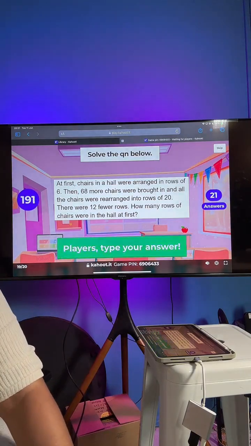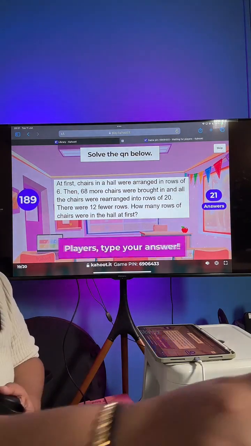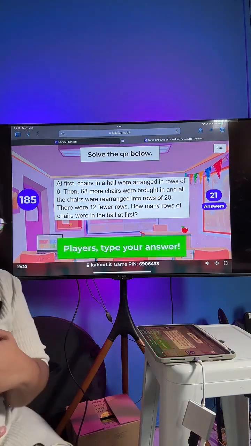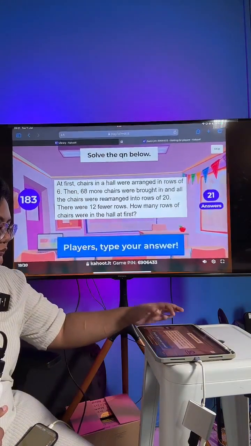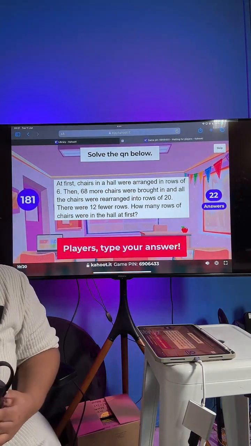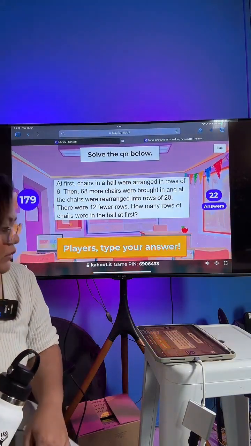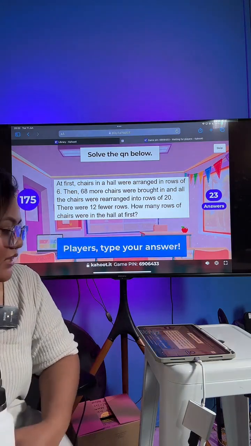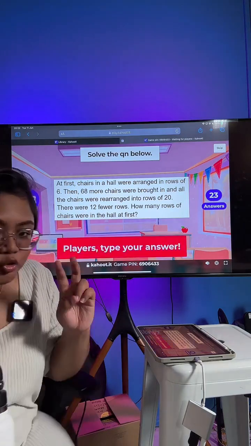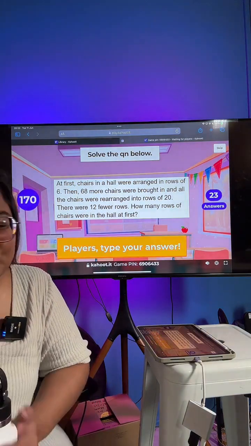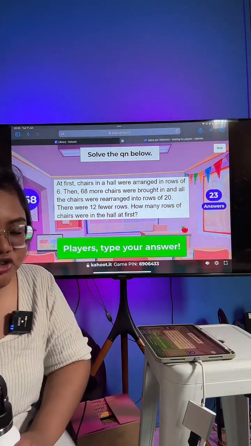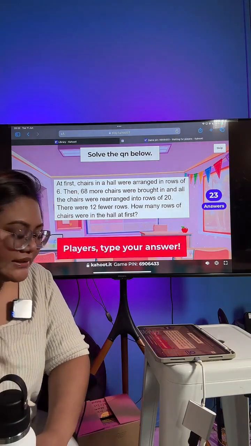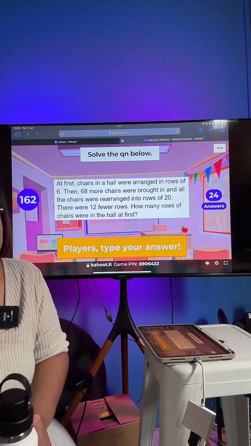So think about what it is that you are redistributing, okay? What is it that you are redistributing? Think about that. Okay. The answer is only 2 digits. So those with very, very big answers, you try that again. Only 2 digits, yeah? I don't want the number of chairs, I only want the rows of the chairs.